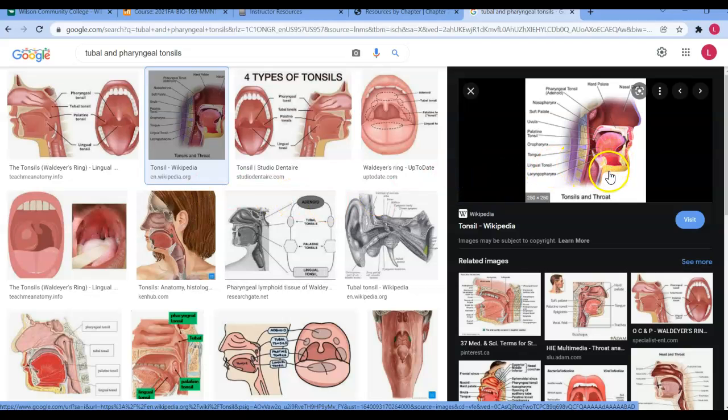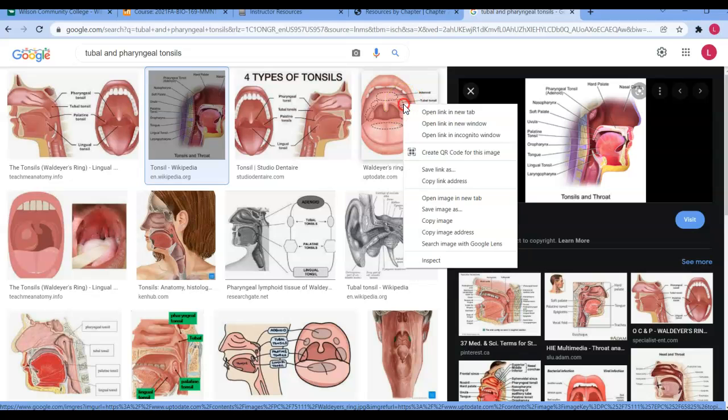It shows you the lingual tonsils, the palatine tonsils right here, the pharyngeal tonsils, which are here, and they don't have the tubal tonsils. So what I'm thinking is that the tubal tonsils are just not very large.